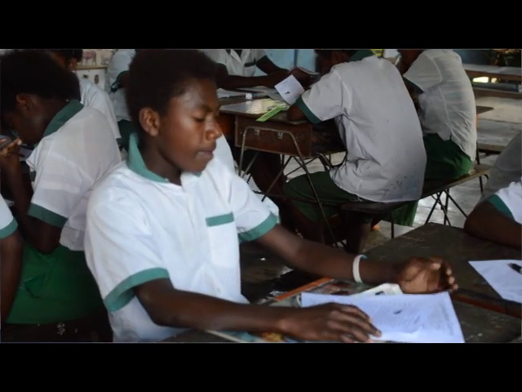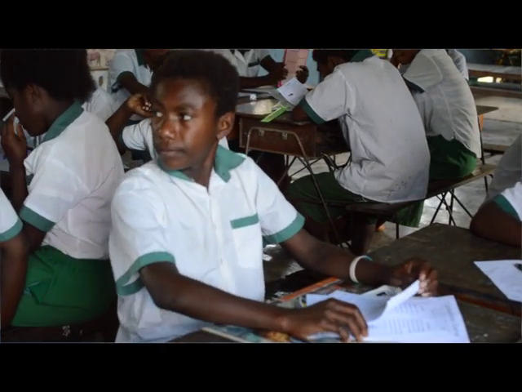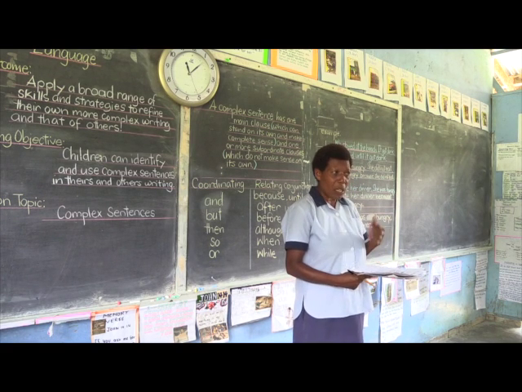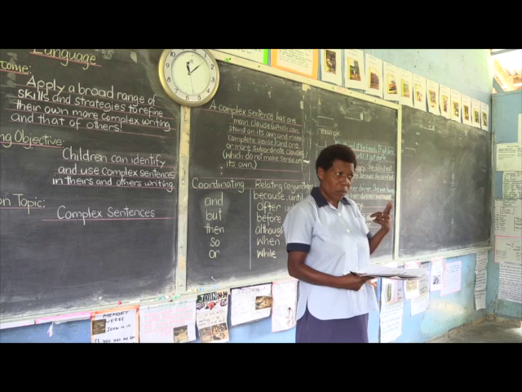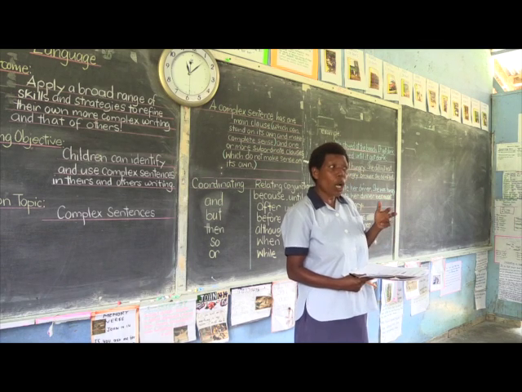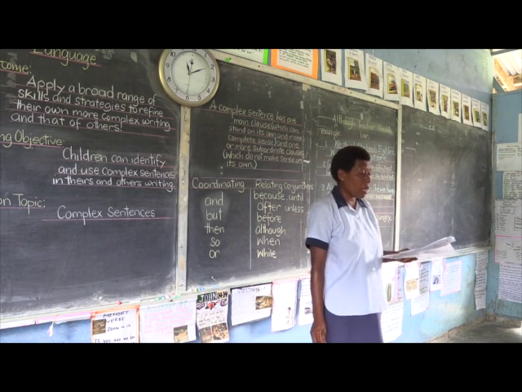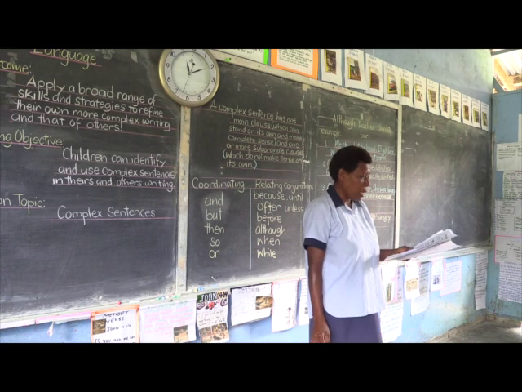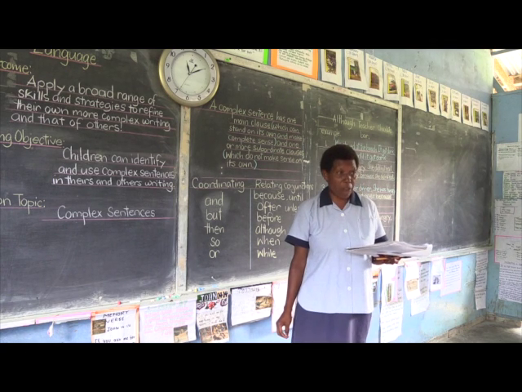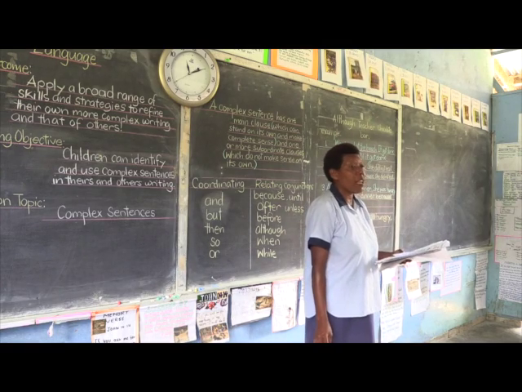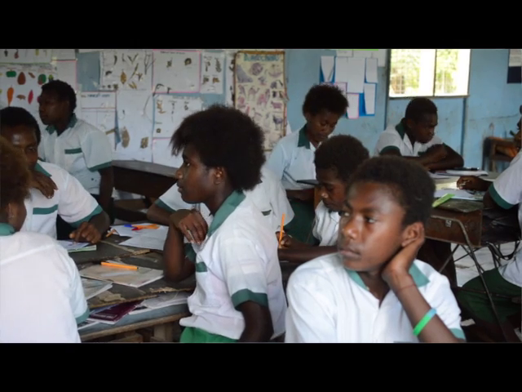I'll give you 1 or 2 minutes to just read through and see if you can identify some more sentences: simple, compound, and complex. Especially complex sentences that we can find in this text.